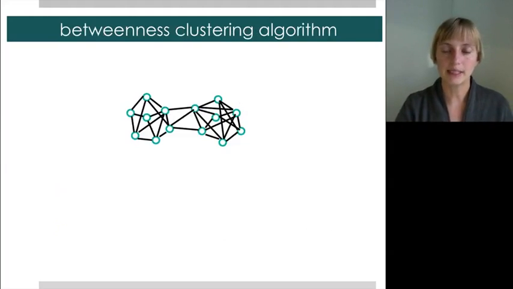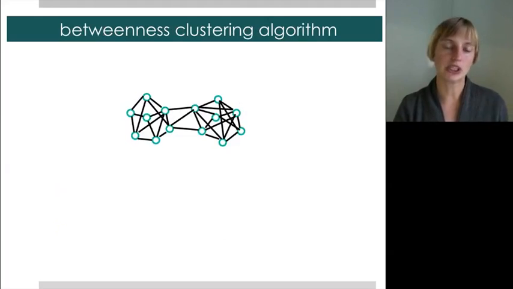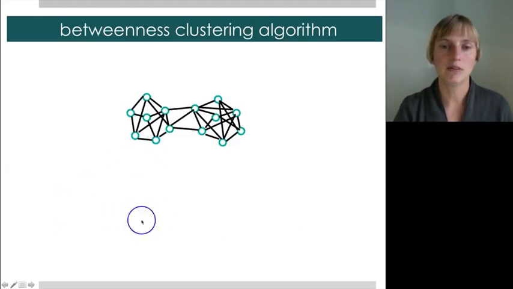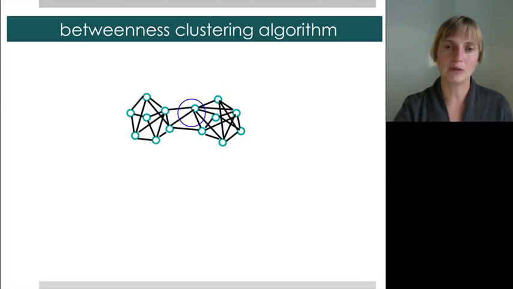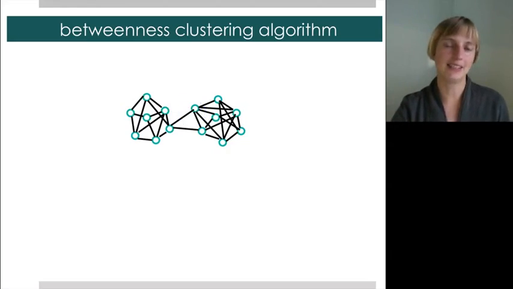Say we have a network such as this one with two fairly clear communities. We might expect that these edges in between here are the ones with high betweenness. What we're going to do is iteratively find the one with the highest betweenness and remove it. Now we recalculate, and this computation is expensive. That's why this algorithm is slow and doesn't scale to really large networks.